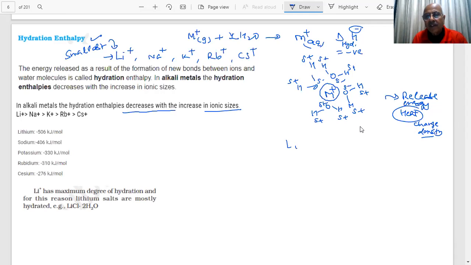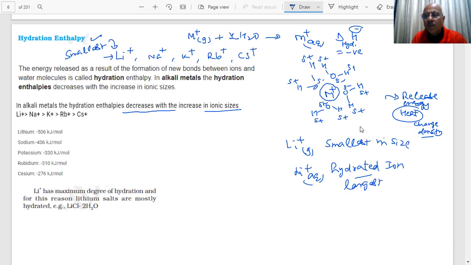What I am saying, Li plus gaseous, smallest in size. But Li plus aqueous, the hydrated lithium ion, this will become largest in size. Yes or no? Because it will be surrounded by more water molecules.